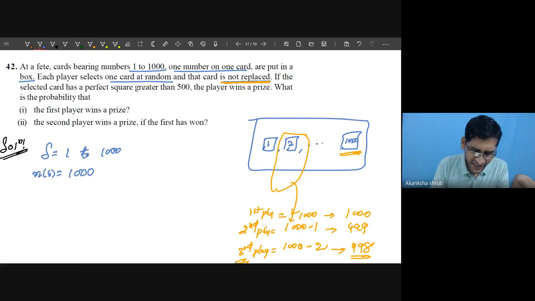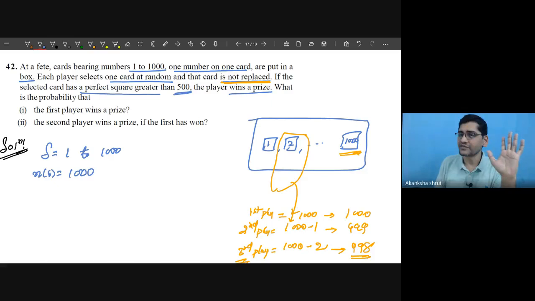If the selected card has a perfect square greater than 500, the player wins the prize. What is the probability that the first player wins the prize? The second player wins the prize. So students, here what is our event?